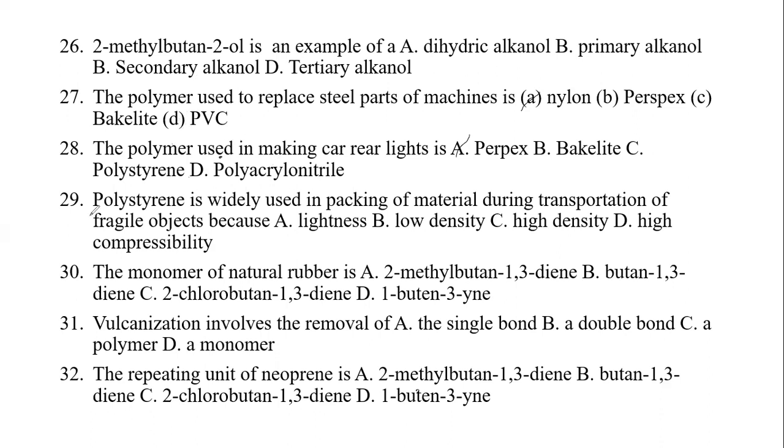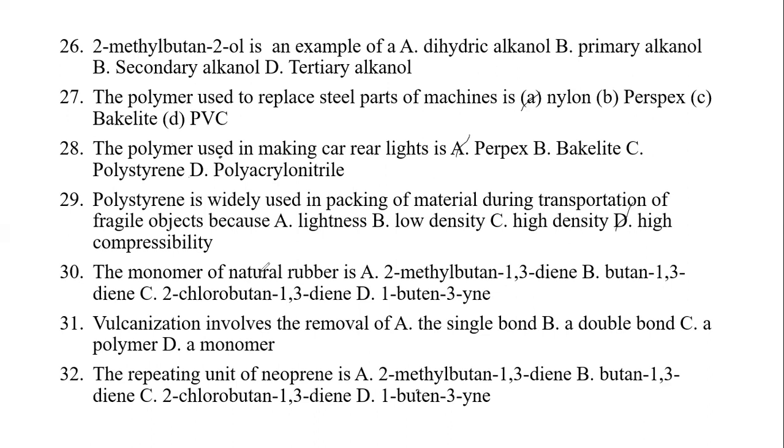Question number 29 says that polystyrene is widely used in packing materials because of its what? Because of its high compressibility. Question number 30 says that the monomer of natural rubber is what?